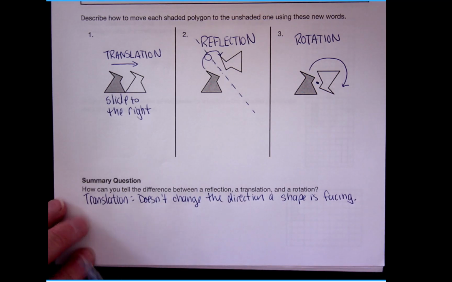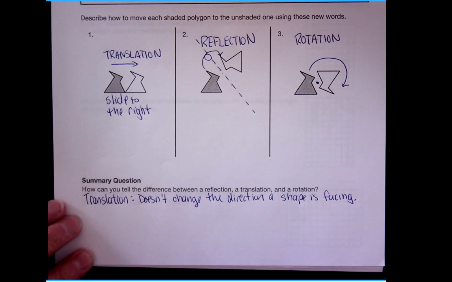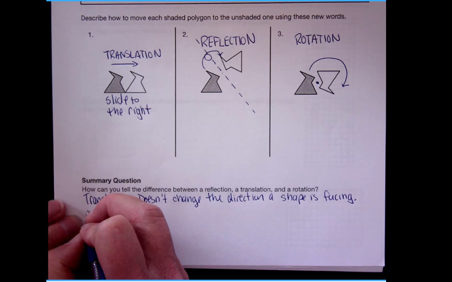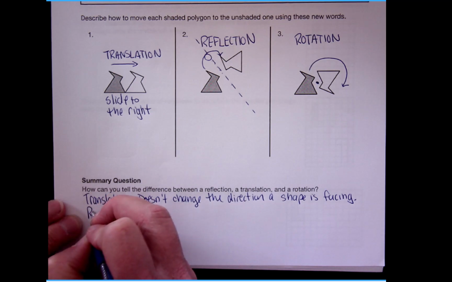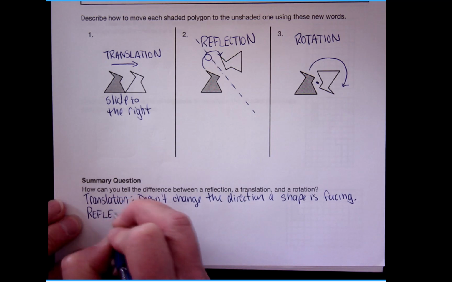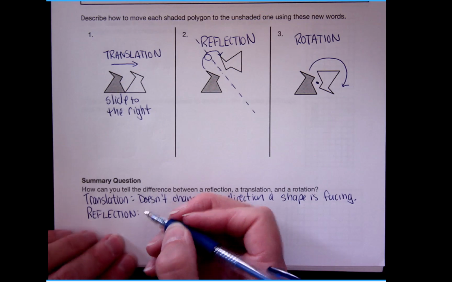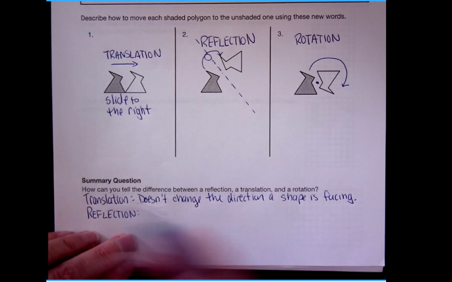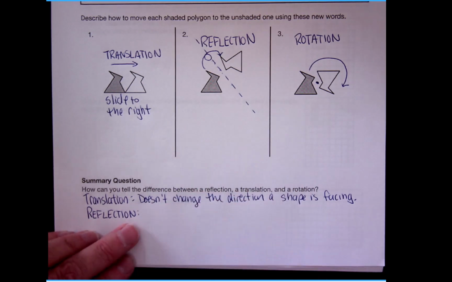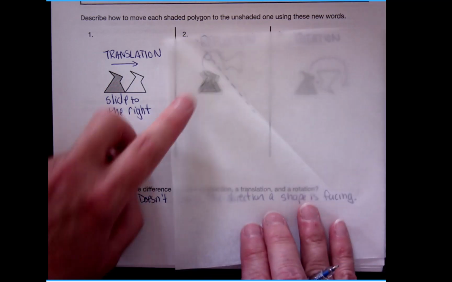Honestly, I think reflections and rotations are harder to tell apart sometimes. But if you use this patty paper, here's what you can notice that lets you know it's a reflection or a rotation. Again, you're asking yourself, what do you have to do to the paper to move the original figure to the new figure? And for a reflection, you have to physically pick up and flip the paper over.